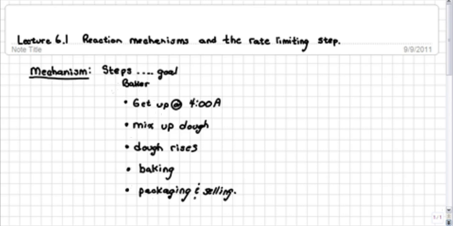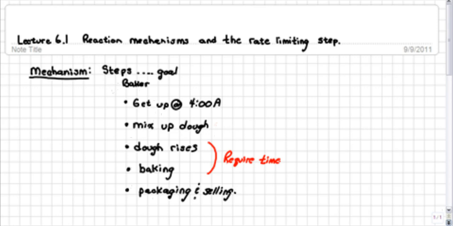In this process, the dough rising and the dough baking are two processes, two steps, that are outside of the control of the baker. These actually require a fixed amount of time and cannot be speeded up, really.